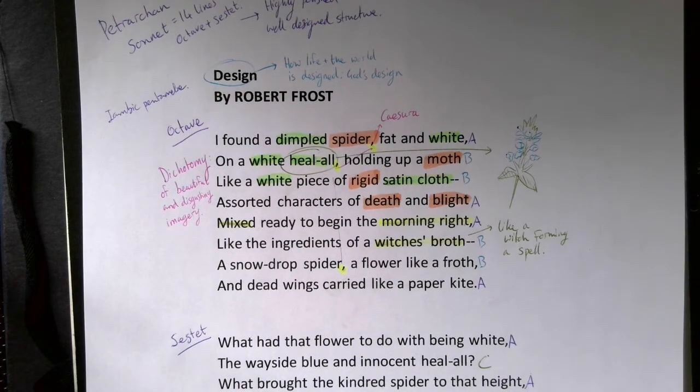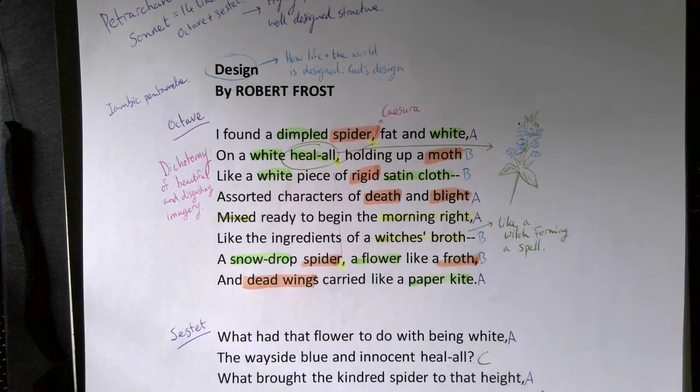He says that life is such a mix of beautiful, well, nature in particular is such a mix of beauty and disgusting things that it's almost like a witch mixing it all together to form a spell or broth. Again, this juxtaposition or dichotomy continues between ugly and beautiful, with snowdrop spider, flower like a froth, dead wings like a paper kite, opposites thrown in.